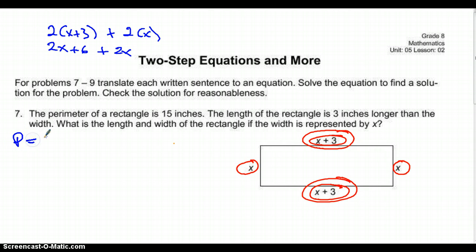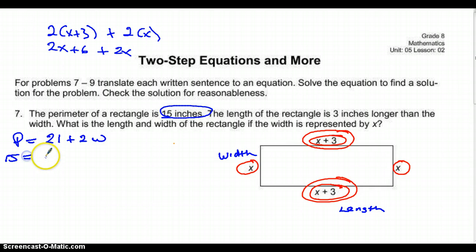Anyway, let's quickly go back, and I see perimeter is equal to, and then let me do this, width, and then let's do this. Okay, so perimeter is equal to 2L plus 2W. The perimeter was 15.